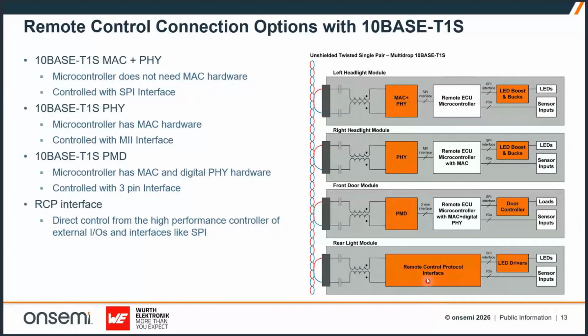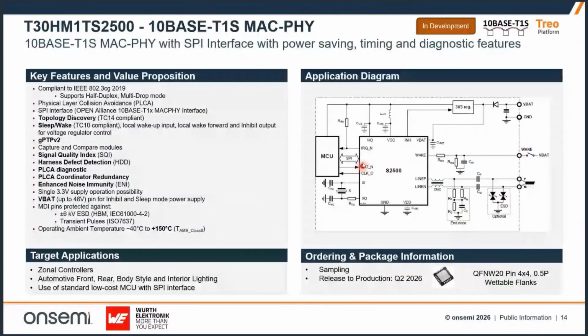And then if you want to transition in the future and put all your software in the main brain of the car, you can use a remote control protocol interface. These are different ways of implementing with microcontroller software, and this is with the RCP. So we have devices to cover both. I'll just show two of them. One will work with a microcontroller. Again, you can look at the details in the discussion. You see here quite nicely the line protection and common mode chokes in there. Then you have RCP.